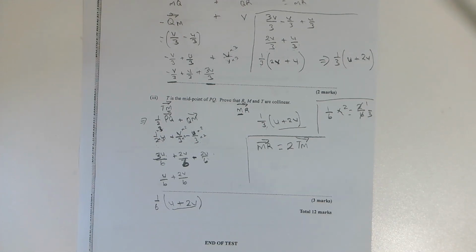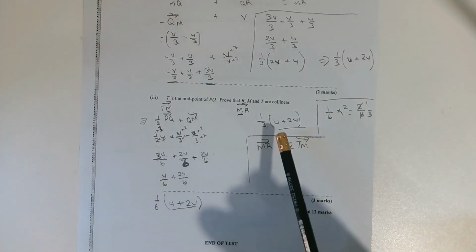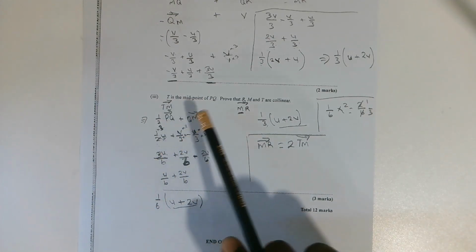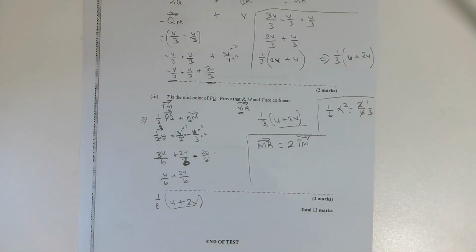In my case, M was my common point, with vector TM and vector MR. I could have chosen vector TM and vector TR, for example, so T would have been my common point. It doesn't matter which 2 vectors you choose, you just need to ensure that the 2 vectors include a common point.